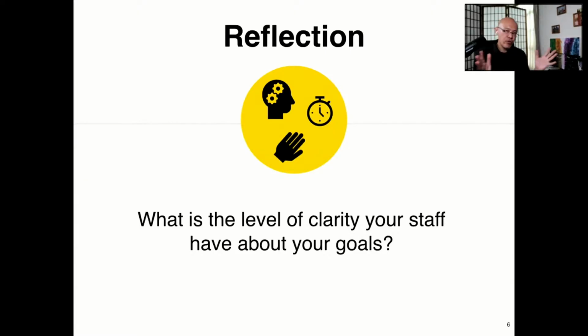If you have all three, then you are able to have a definitive definition or interpretation of what the staff goal is. If you don't, it could open up a lot of room for misinterpretation and different types of understanding. So have a look at it and see what level of clarity your existing staff goals have.